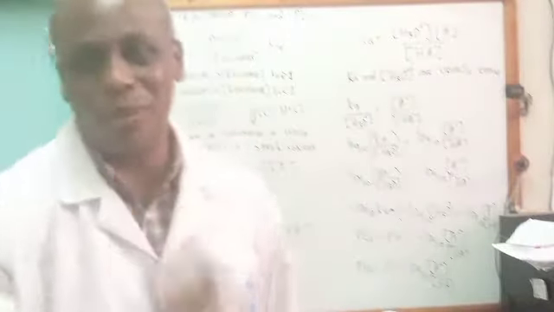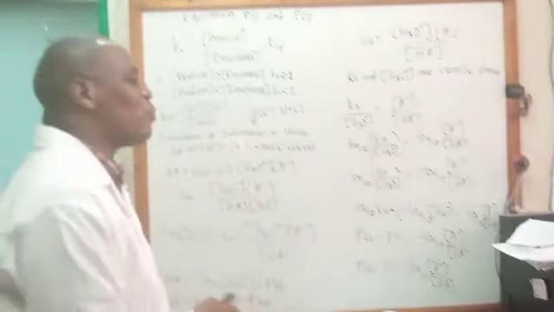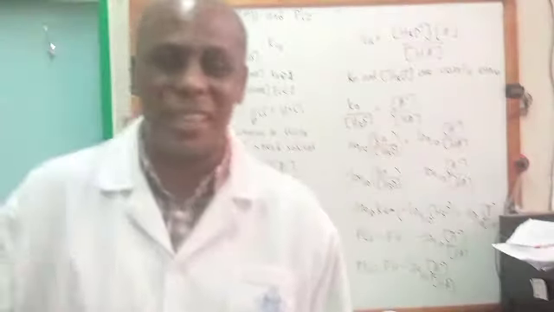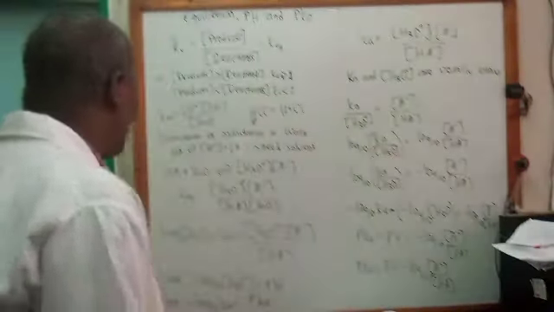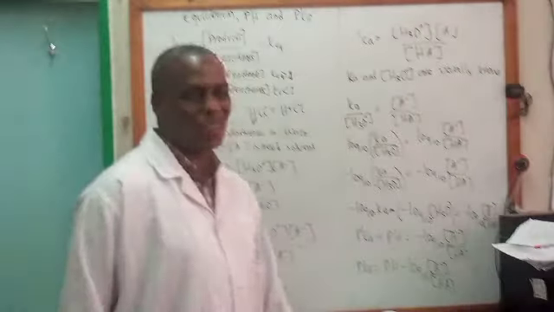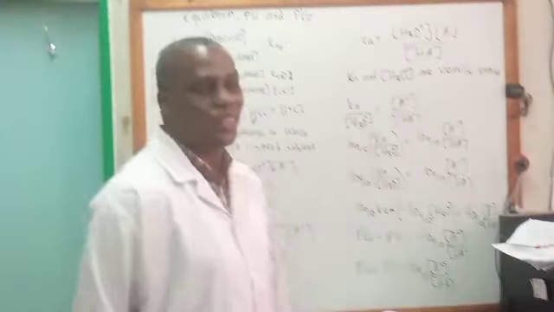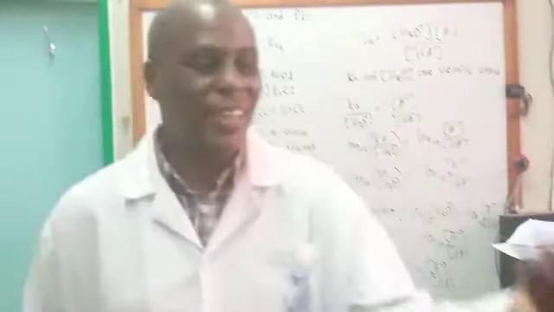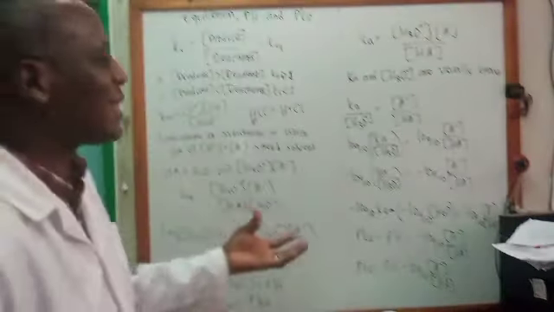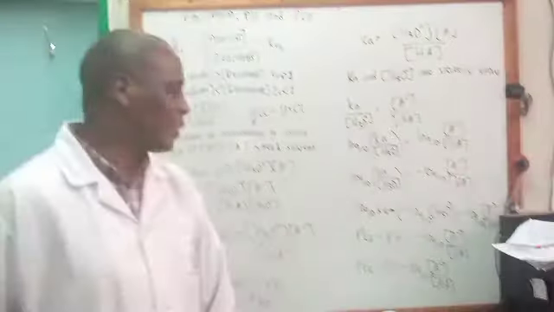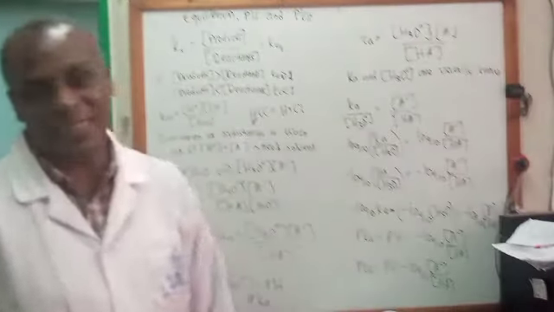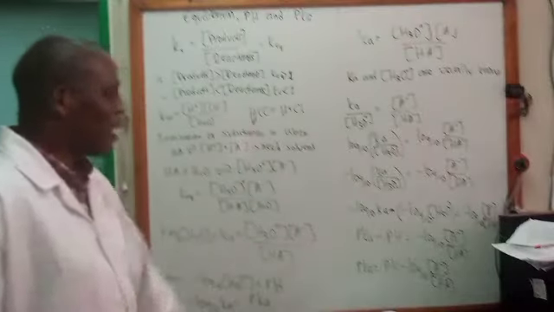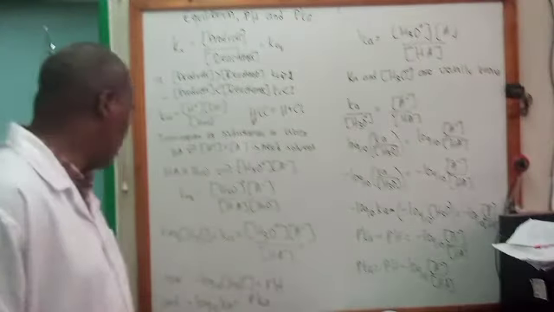But for most of the acids, or most of the compounds that donate protons, they do not fully ionize in water. In fact, it's only a small quantity of it. So normally the concentration of the product is much less than the parent acid. So this is now where this becomes useful.